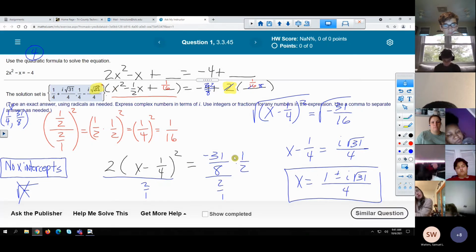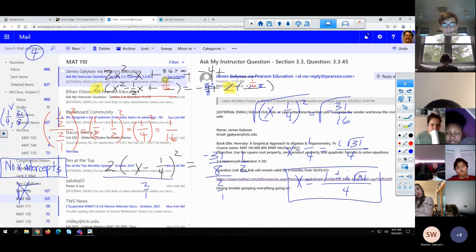One plus i over 31 over 4, 1 minus i. So it's the same thing. And I believe if you put it like this, the answer will take it. And if you put it in like this and it marks it wrong, I will give you credit for it, if you typed it in correctly. Okay, that takes care of that one.